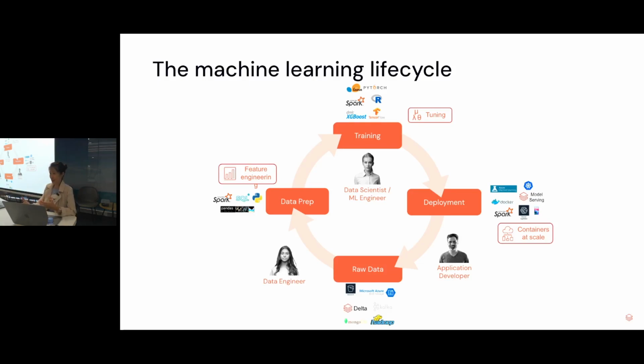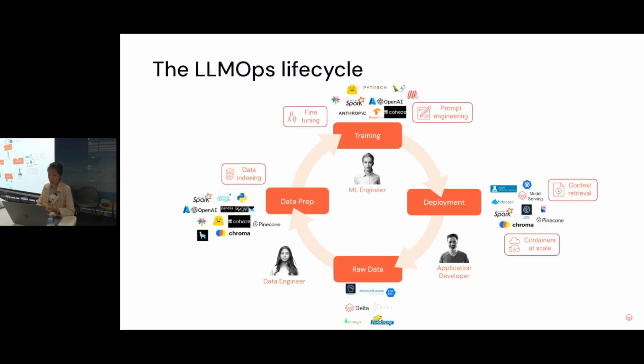You compare your logistic regression model with your XGBoost, and then after that, you might deploy the model to a container or even to a VM. So how this changes with LLM ops is firstly on the raw data level, you are working mostly with unstructured data at the moment. So you're going from tables to text documents or images.